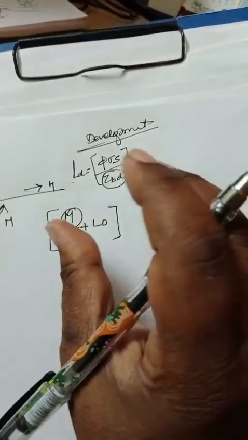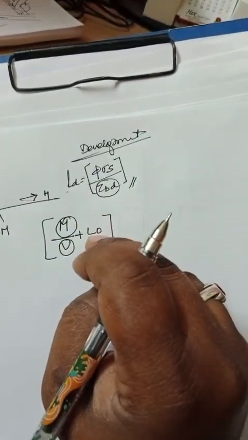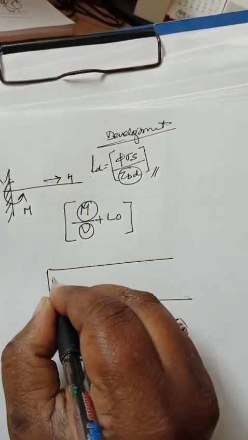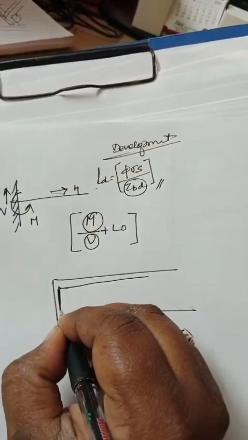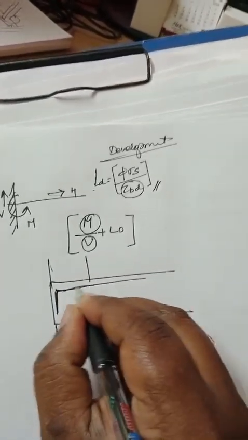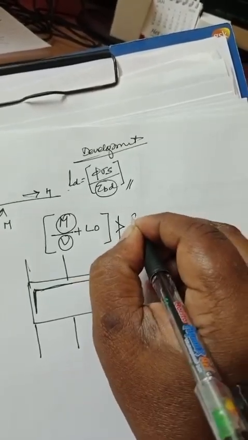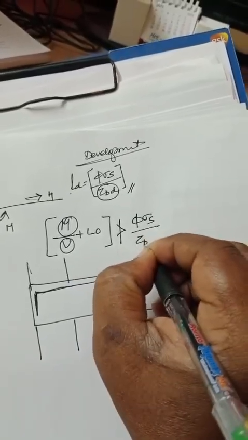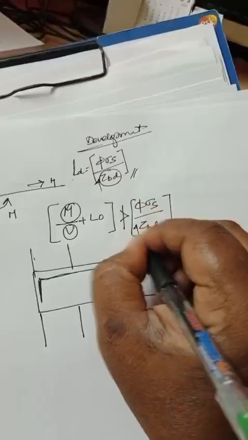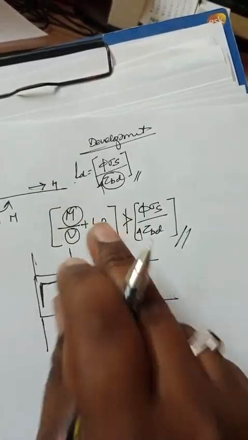Moment is nothing but force into distance, V is nothing but a force, so you will get the length. That length, and L0 is the possible available length of a reinforcement, the maximum that a hook you can provide from the face. So that length you have to add. This is supposed to be not more than this equation. So based on this equation, your development length is calculated.